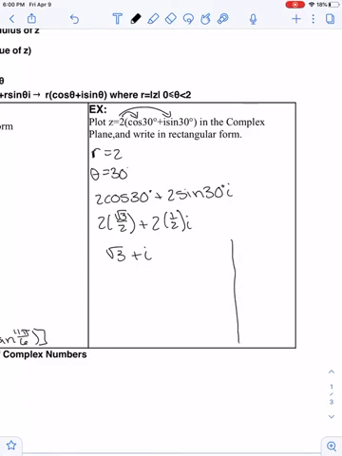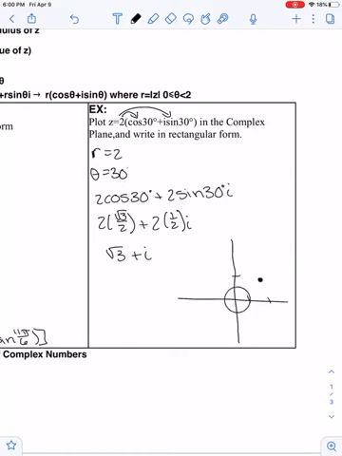Now let's graph it. In the real numbers direction, we're going square root 3, which is about between 1 and 2 again. But now we have plus i, so we're going up 1. And since we're doing this in the complex plane, the r means it has a radius of 2.